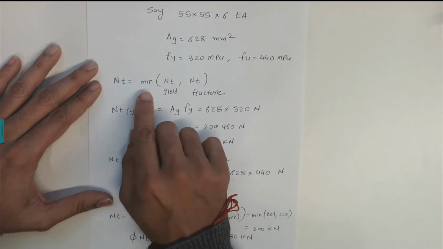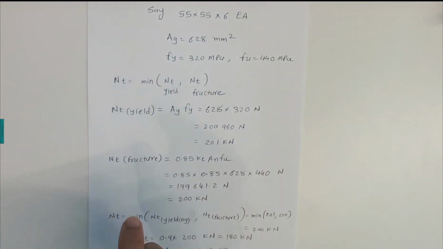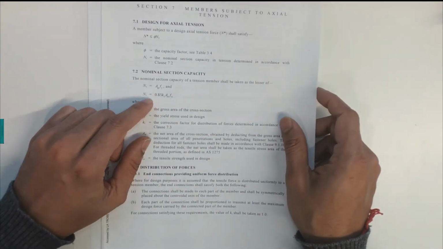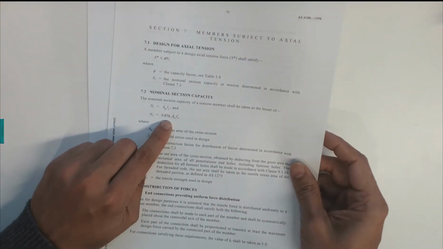Nt is the minimum of yield and fracture. Both equations are given here. So we should take the minimum value between these two, one for yielding and another for fracture.